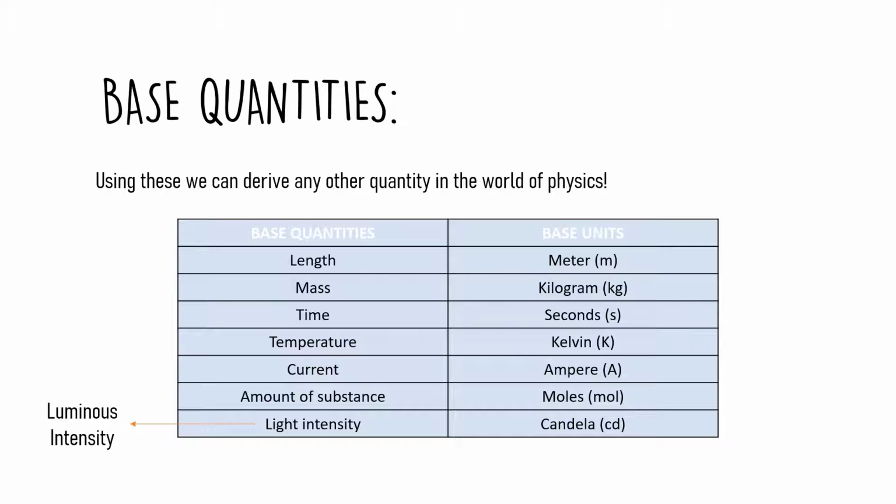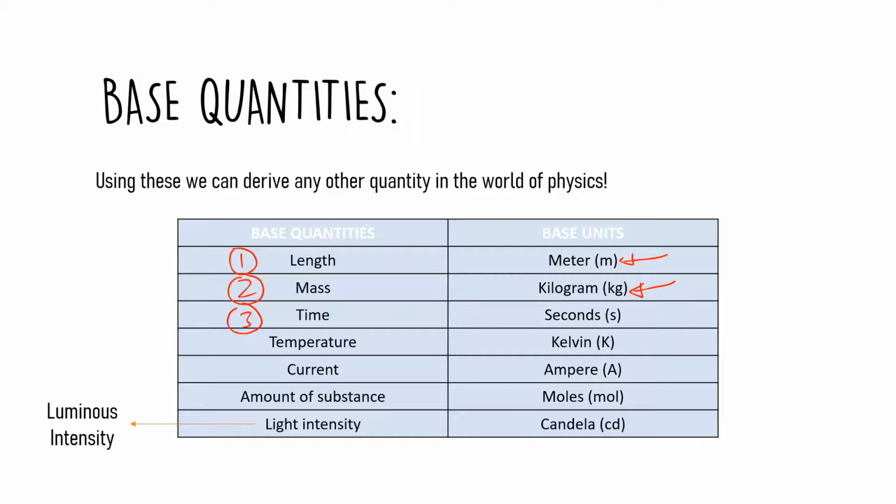Firstly, we have some base quantities in our physical world. And using these 7 base quantities, we can derive any quantity in the world. For example, the first one is length. The base unit is meters, and the symbol for that base unit is the small m. Secondly is mass. The base unit is kilograms, and the symbol is kg, which is small k and small g.